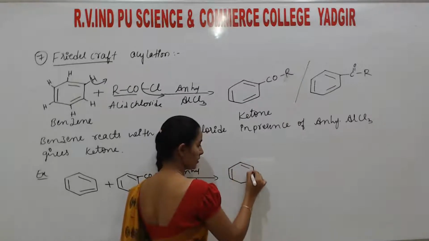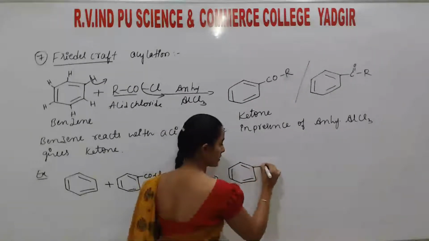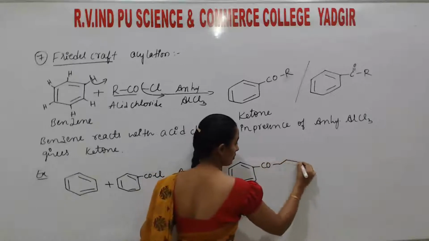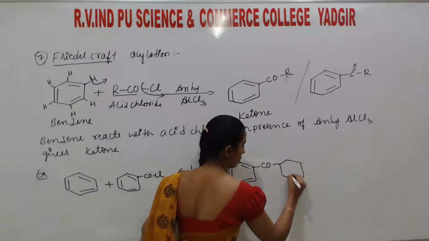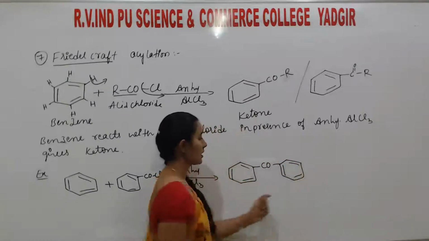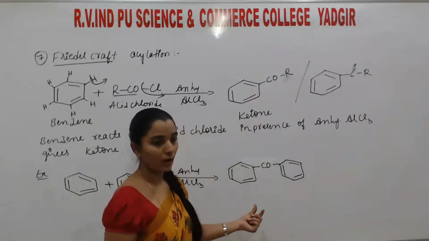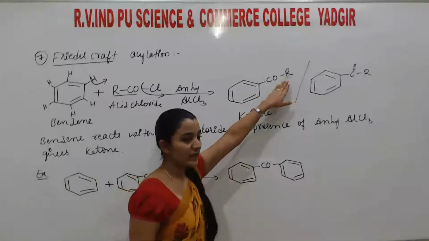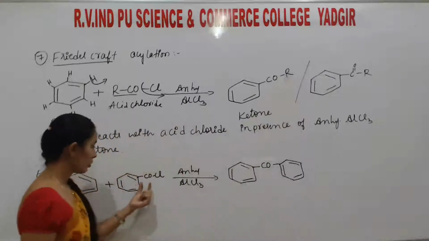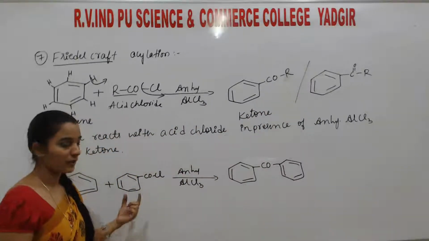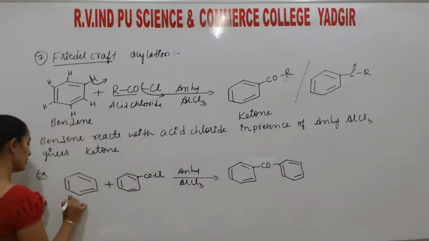No matter whether it is an aryl compound or an aliphatic compound, in the place of R, this R is going to be substituted. So this one is benzene.